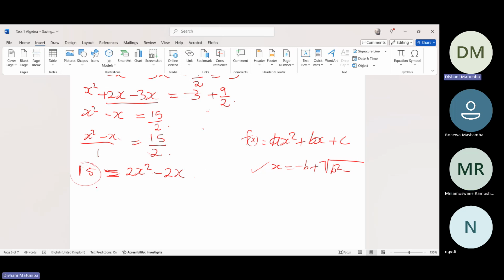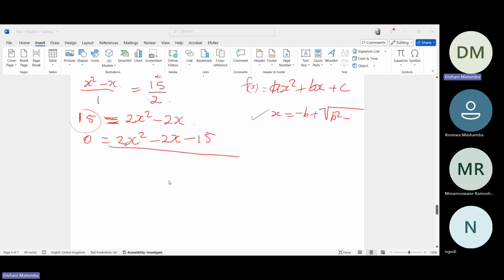Which one do you find simple? Taking 15 over. Okay, so we're gonna have 0 equals 2x squared minus 2x minus 15. What do we have here? We have a quadratic equation.